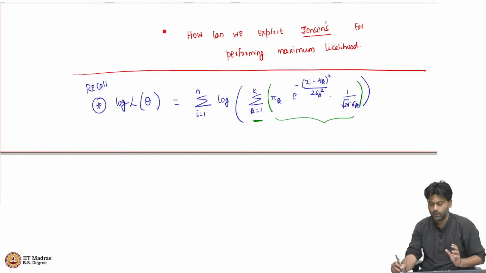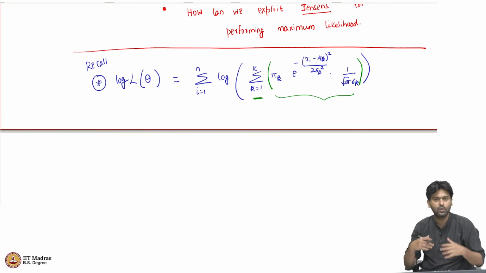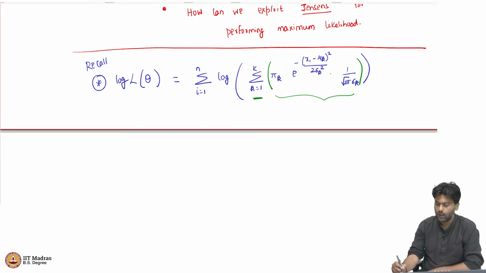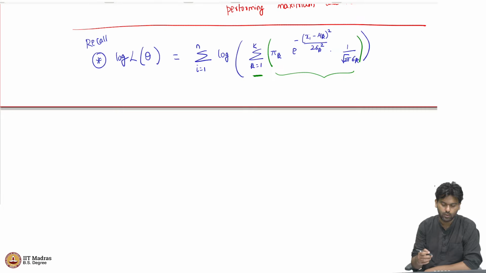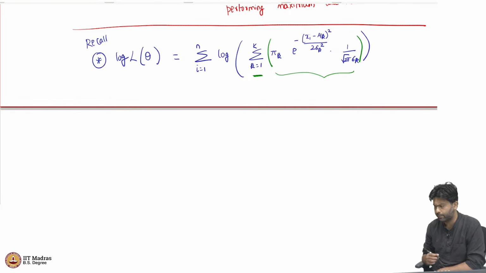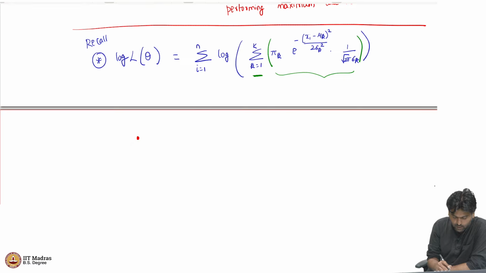So, what I am going to do is introduce these combinations artificially and make it a problem with more parameters. It looks counterintuitive at first glance, but then we will see the power of this method.